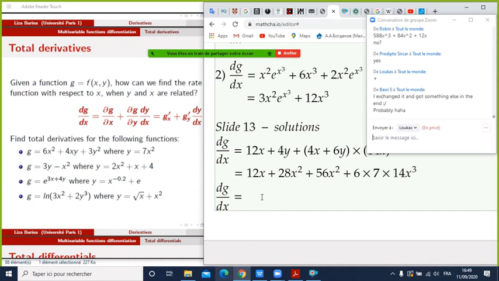So the partial with respect to x is minus 2x. Then plus partial with respect to y is 3. And then we multiply by the total of y with respect to x. And here we get 4x plus 1.